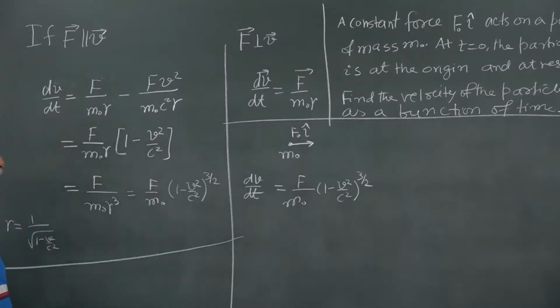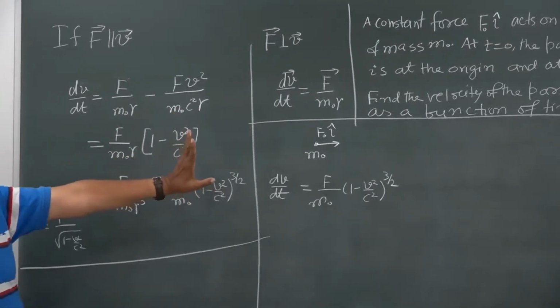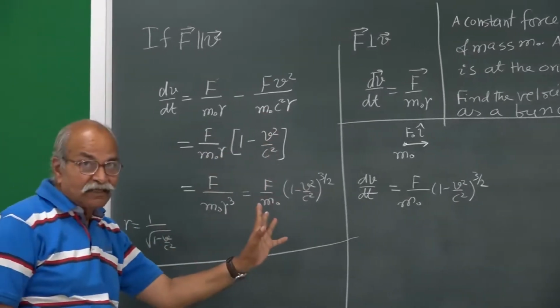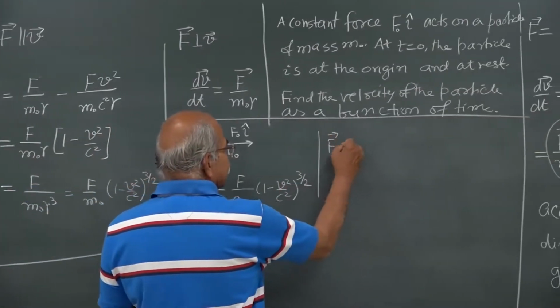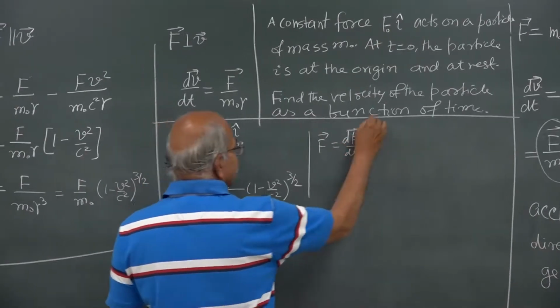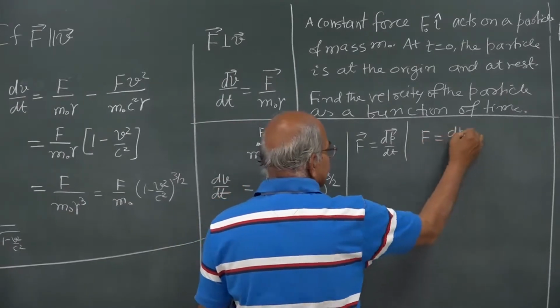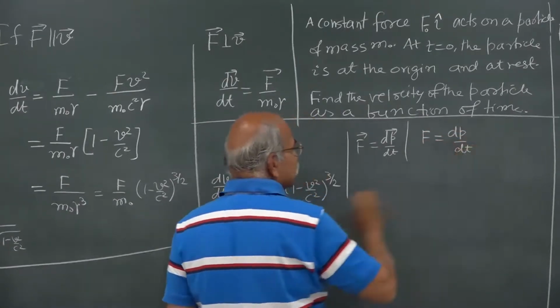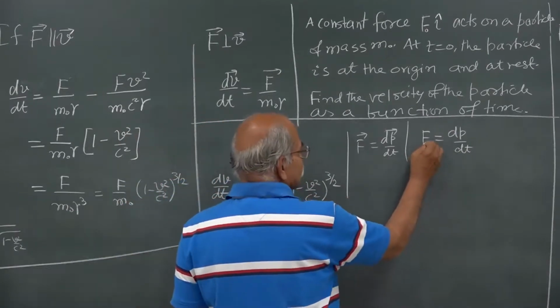From here you can obtain velocity as a function of time, but I will be taking a simpler route, and that is, let me write F as dp/dt. Since everything is in the x direction, F is just dp/dt, and this F is constant, F naught.